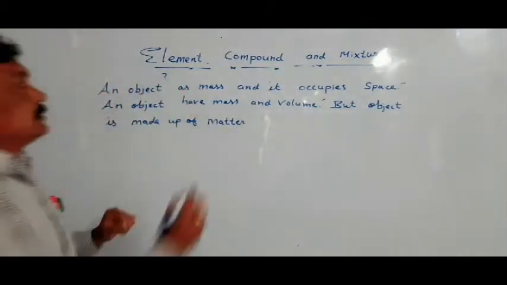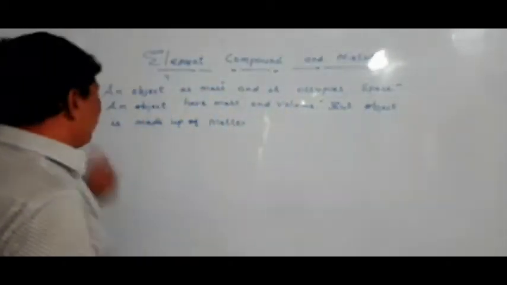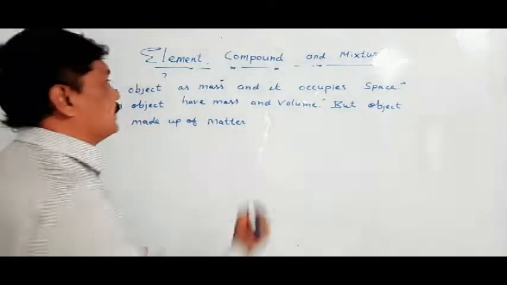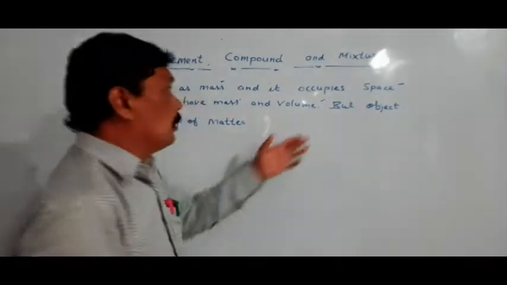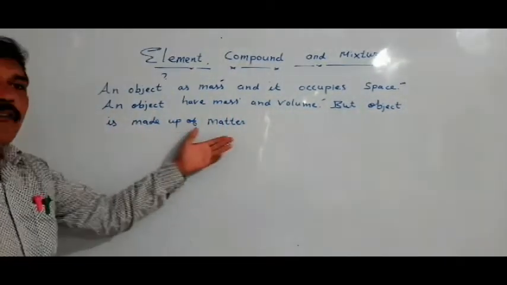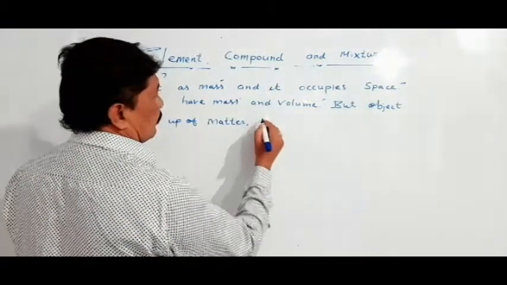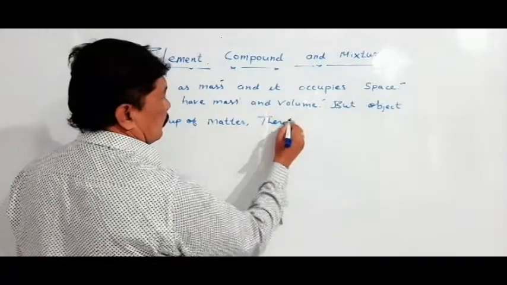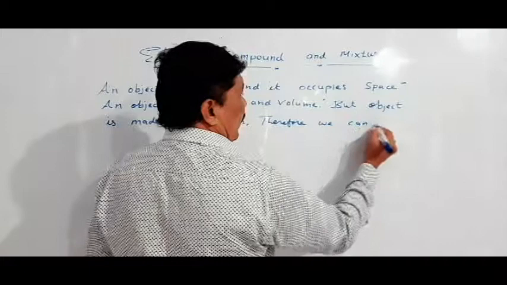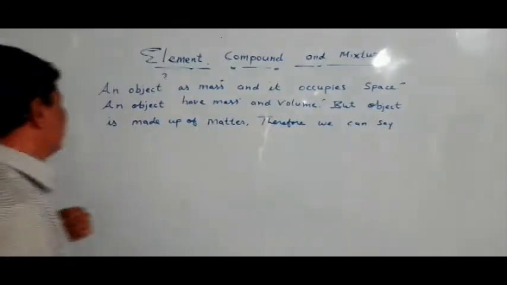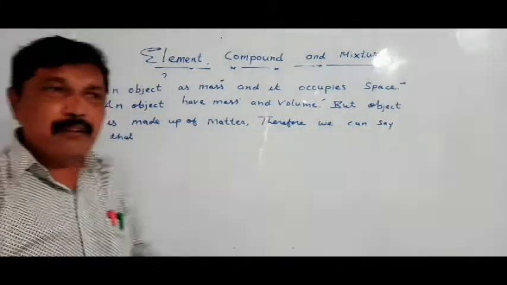An object has mass, it occupies space. Therefore, we can say that an object has mass and volume. Occupy space means volume. But object is made up of matter. Therefore, what can we say from this?